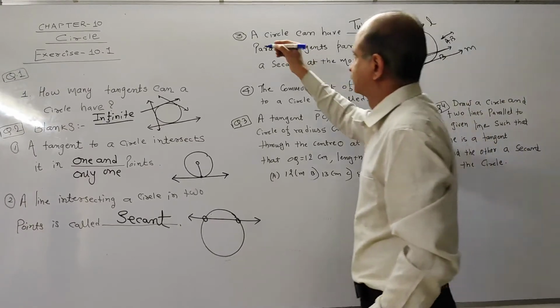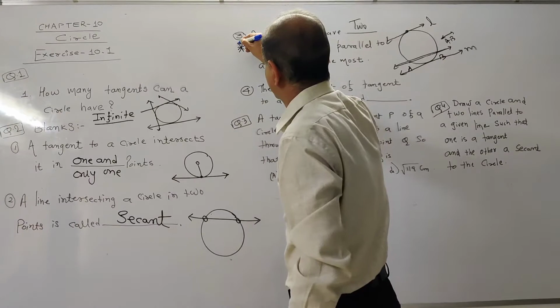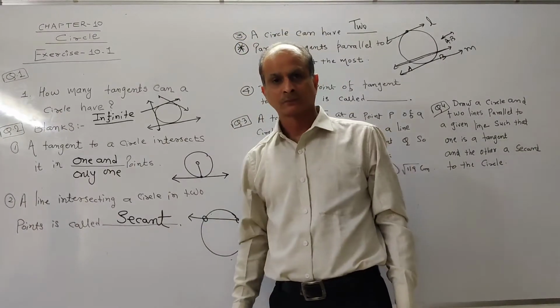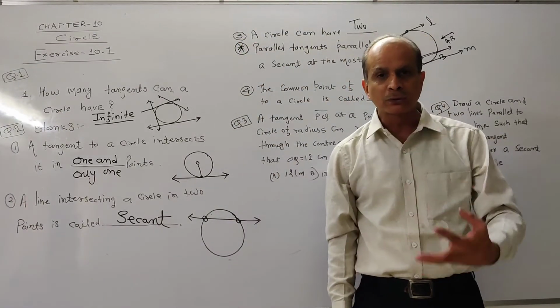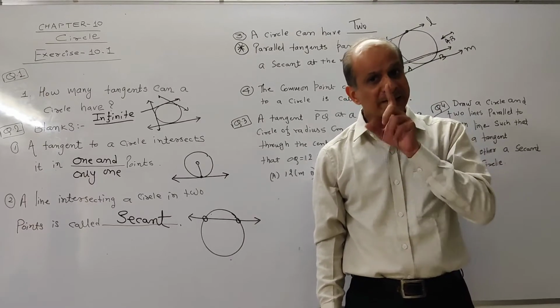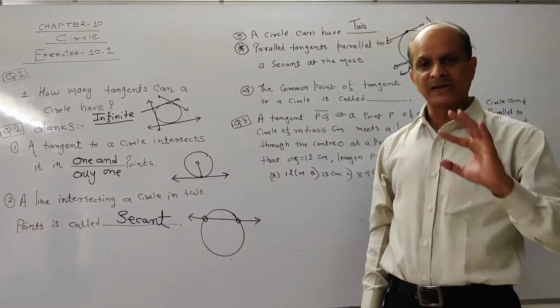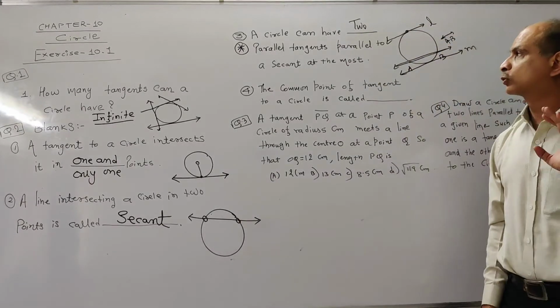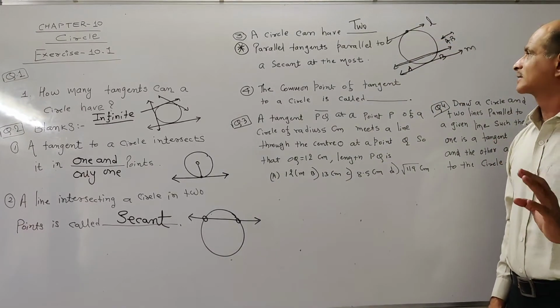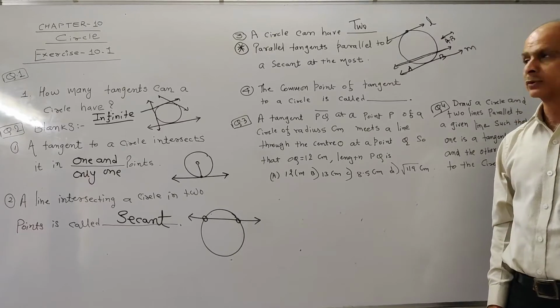Very important blank. What is given to you? One secant is given, and we have to draw parallel tangents to the given secant. We can draw a maximum of two parallel tangents.